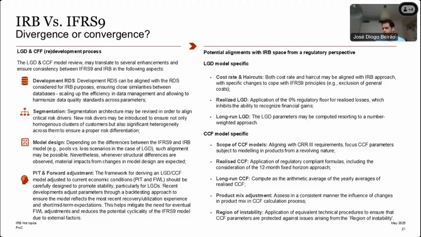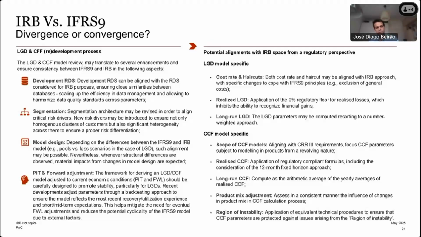And so we see a lot of situations where, for example, on the IRB side we have LGDs in a pool-based model or continuous model, and when we go to the IFRS 9 side, something based on components is the most observed situation, and trying to bring everything together can be quite challenging.